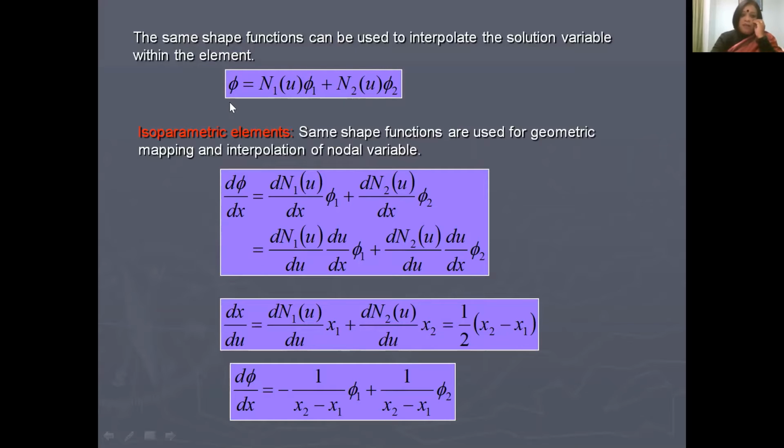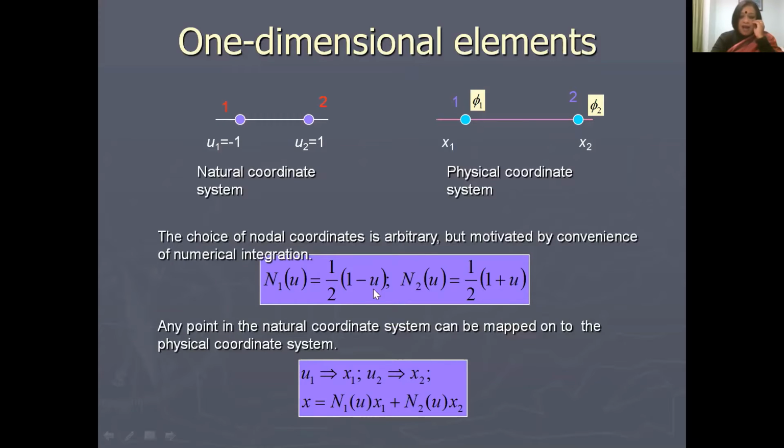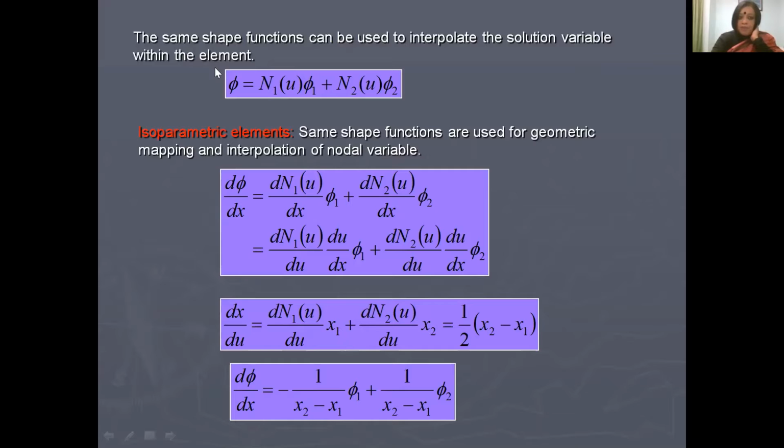We were expressing phi as an interpolation function in terms of phi 1 and phi 2 with shape functions N1(u) and N2(u). And I have given you particular expressions for N1 and N2. Why I have given you these particular functions, we will discuss later. But if I tell you that these are my shape functions, then you will be able to write phi as N1 phi 1 plus N2 phi 2.